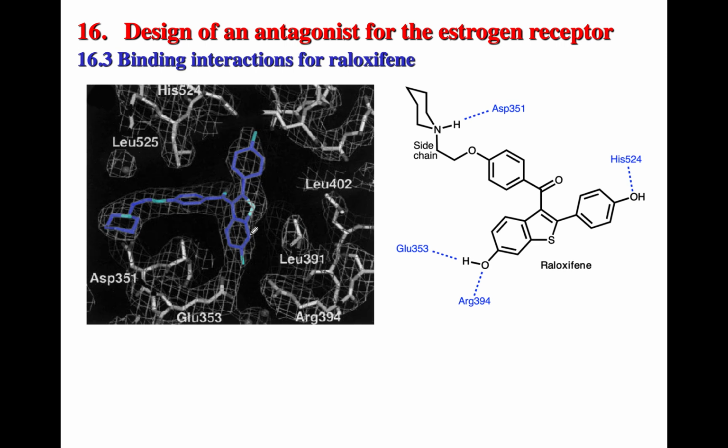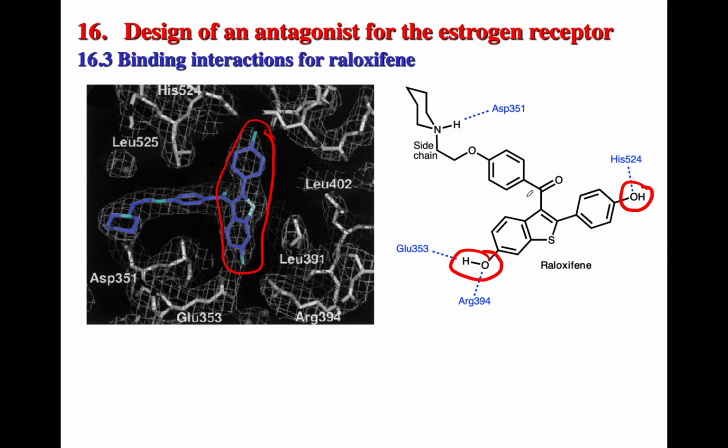Now raloxifene is going to get inside of the binding pocket. It still has hydroxyls that are going to mimic the alcohol and the phenol group of estradiol. So it will come in and orient the molecule in a similar way.